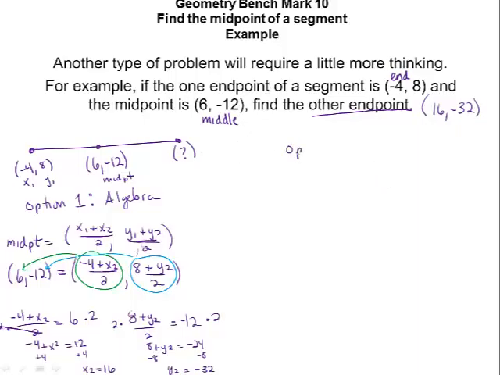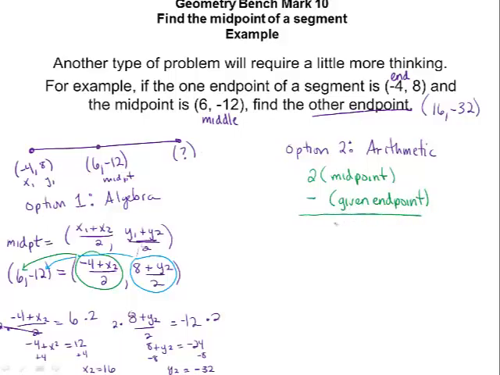Okay, there's another way to do it. Using arithmetic. So no algebra, no x's and y's in there, okay? For this method, you take 2 times the midpoint minus the given endpoint, and that equals the other endpoint.